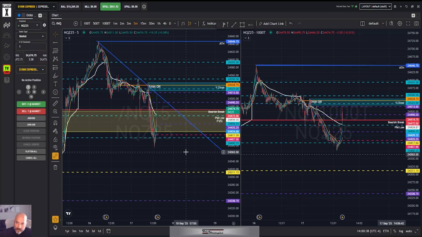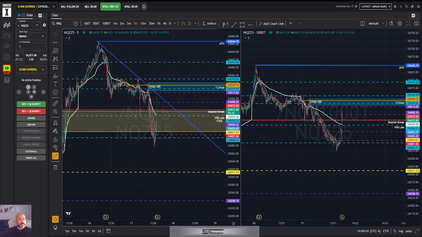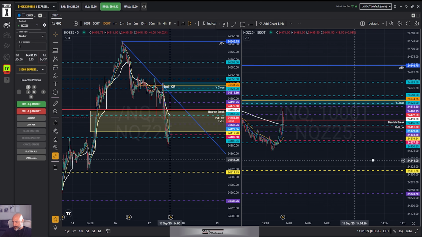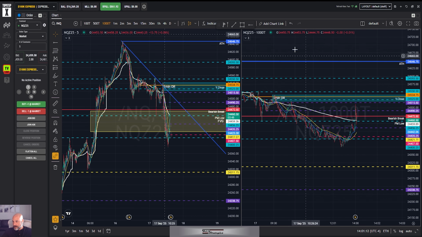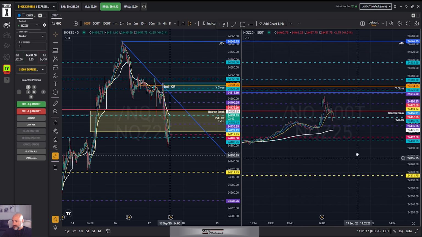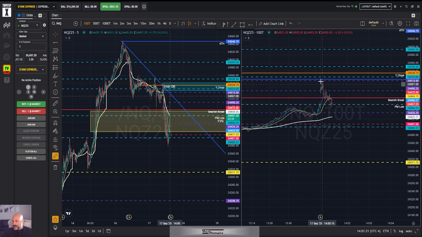Could have been priced in. A thousand ticks moving down. Let's see what the 100 tick chart is. These are algos.